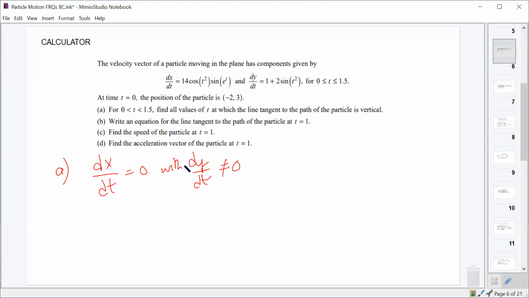Because that's going to be indeterminate, which isn't going to give us a vertical tangent line. So when is dx/dt 0? Well, your calculator will tell you that dx/dt equals 0 at t is 1.253. Do people agree with that?